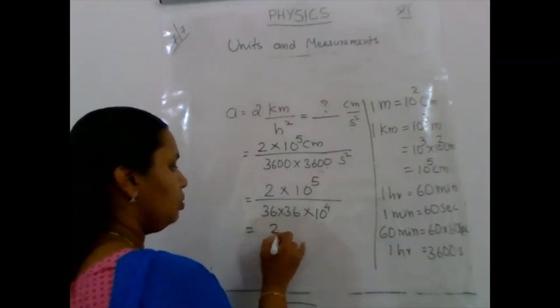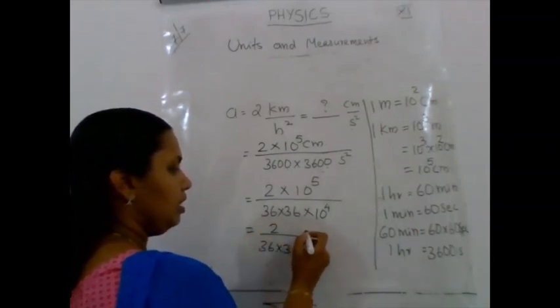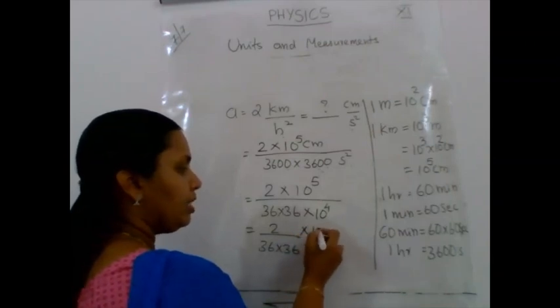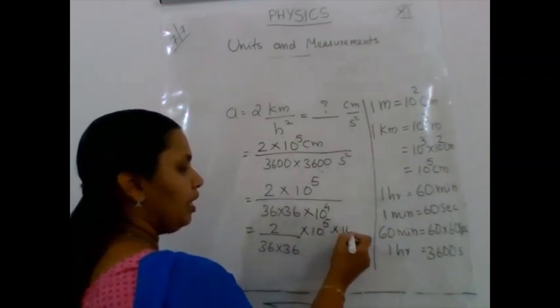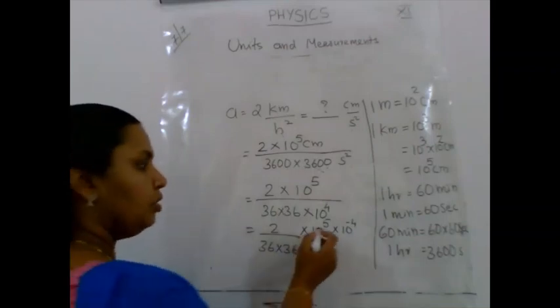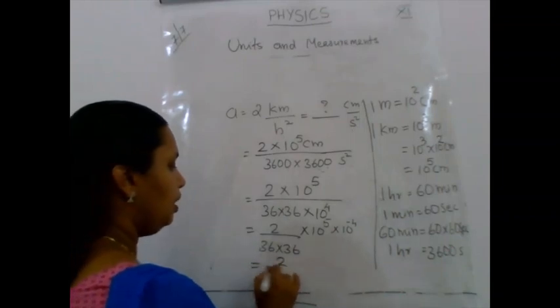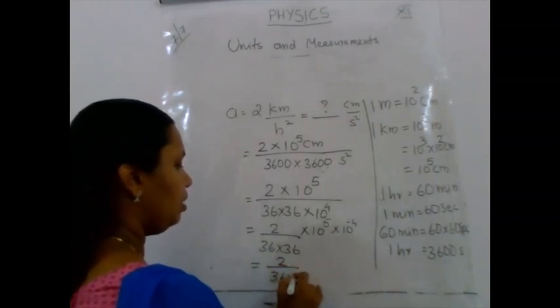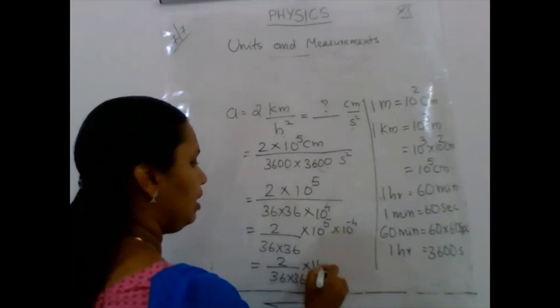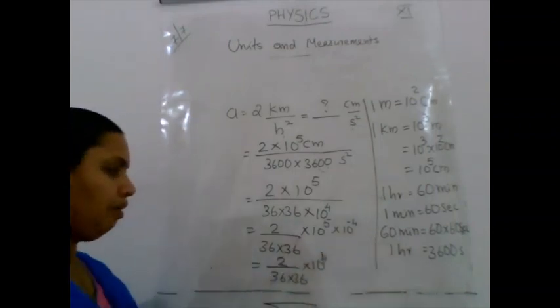So this comes 2 divided by 36 into 36 into 10 raised to 5 into 10 raised to minus 4. 5 minus 4, it is 1.